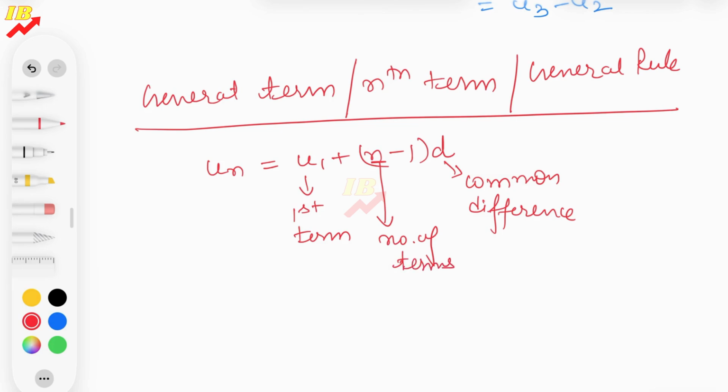Okay. And un is the last term of the sequence. All right. So why do we use this? We use this to find the actual term which is given at that place, right? Let me just take a question quickly so that we can understand it better.